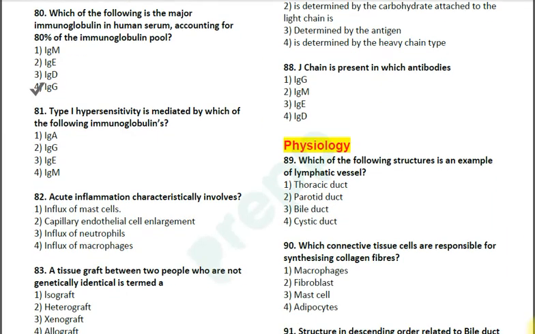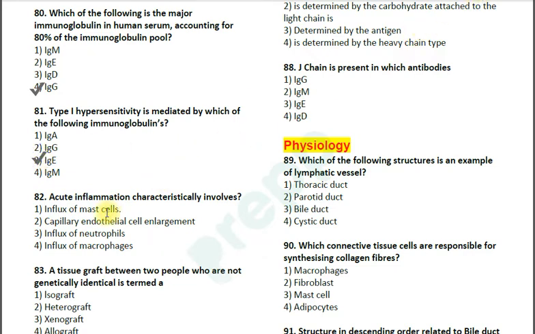Question number 81. Type 1 hypersensitivity is mediated by which of the following immunoglobulins? Option 1 is IgA, option 2 is IgG, option 3 is IgE, option 4 is IgM. Out of these, the correct option is option 3, which is IgE.